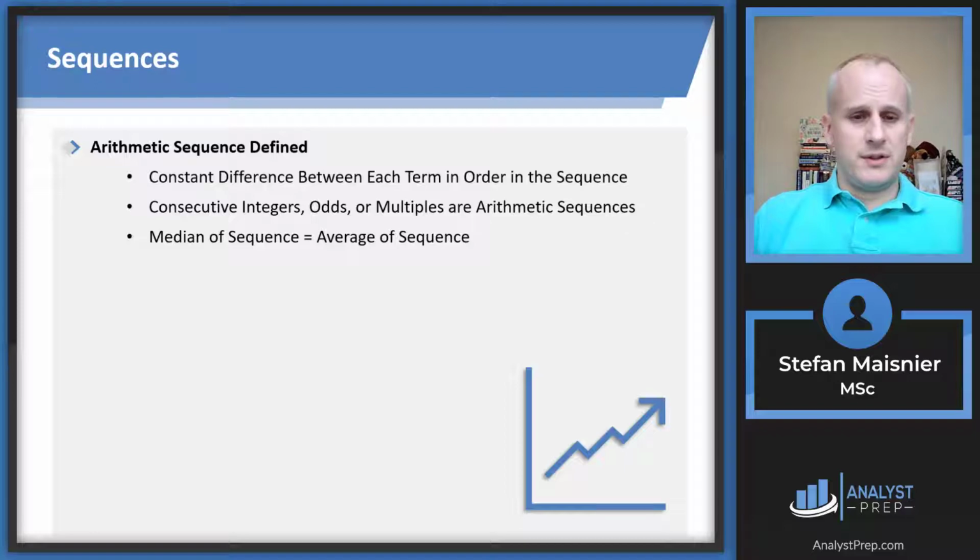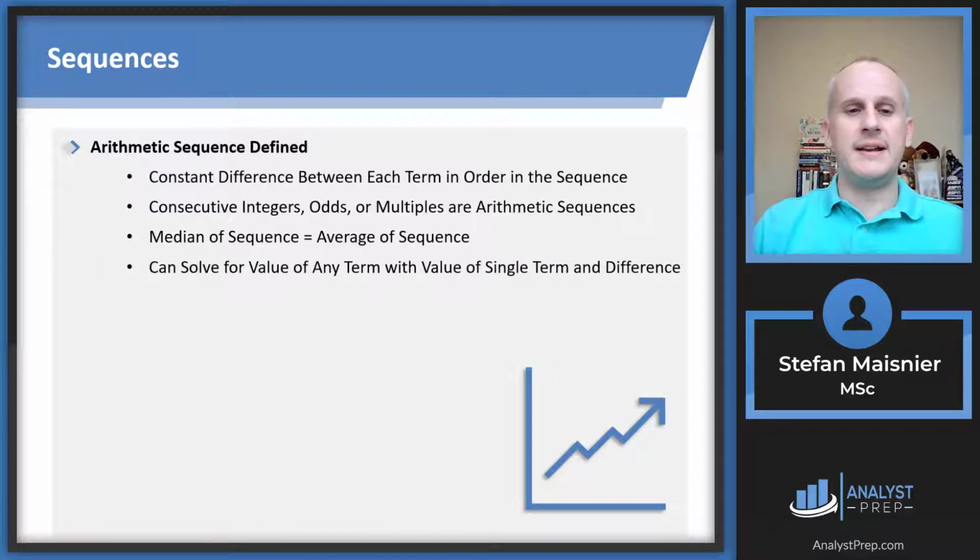When you're dealing with arithmetic sequences, because of the rules of an unweighted sequence or set, we know that the median of any arithmetic sequence is equal to the average of the sequence as well. Again, a subtle shortcut for many of the problems that ask you to solve for something involving a sequence. You can solve for the value of any term in an arithmetic sequence knowing the value of a single term and the difference between them.